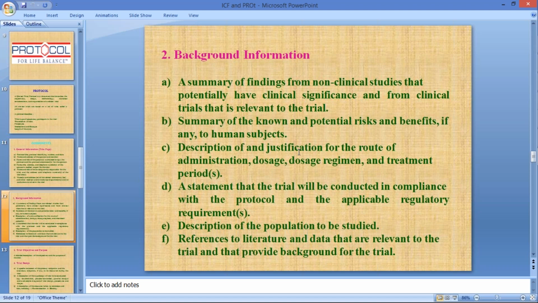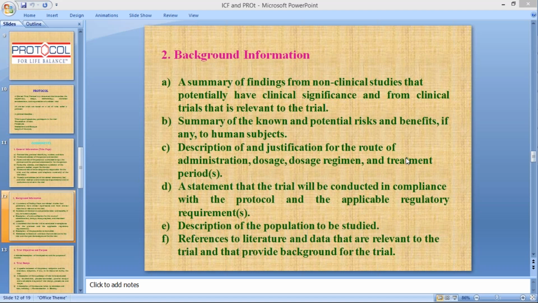Let's say we have now started clinical trial phase 1. We will have background information from preclinical. If you are conducting phase 2, we'll have background details from preclinical and phase 1. If you're conducting phase 3, you will get the background information from phase 2, phase 1 and preclinical.